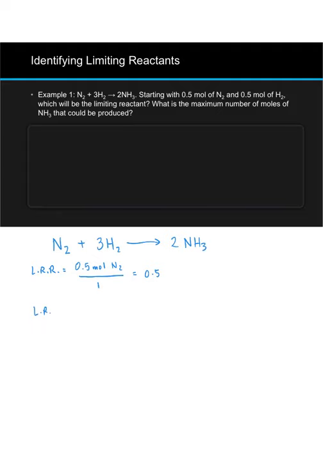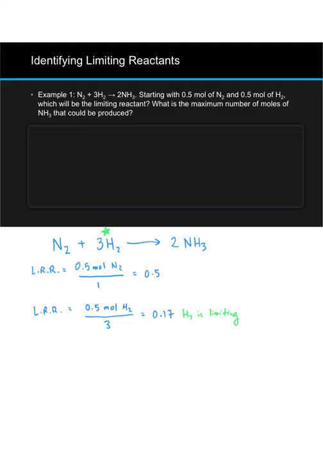For hydrogen, the limiting reactant ratio takes the starting number of moles of it, again 0.5, divides by its stoichiometric coefficient, 3, for a ratio of 0.17. Therefore, because hydrogen is present in the smaller relative amount, it must run out first. It's our limiting reactant. So, hydrogen is limiting.